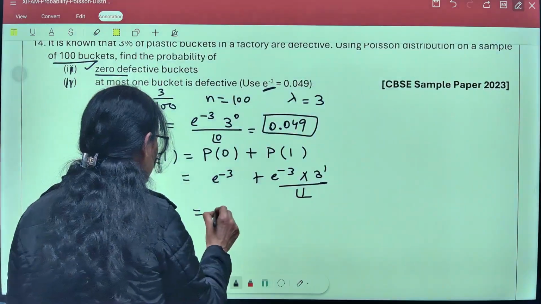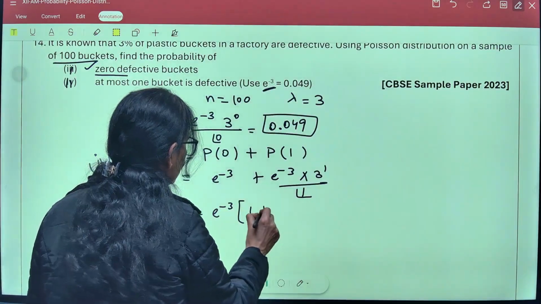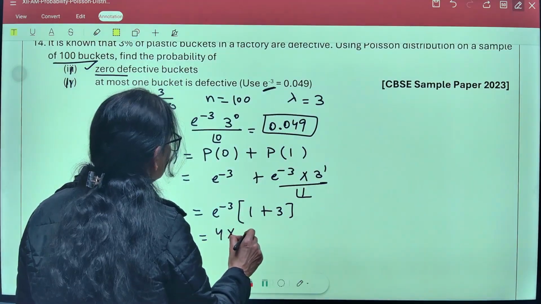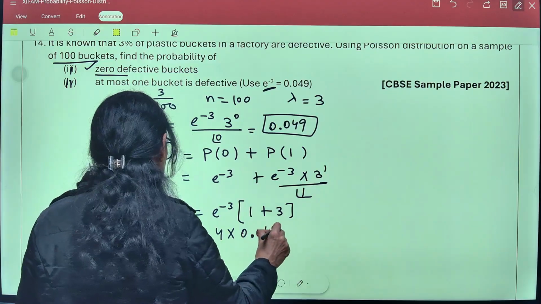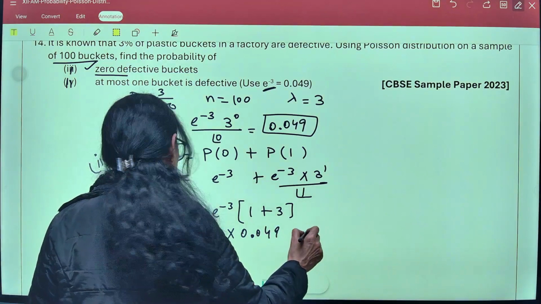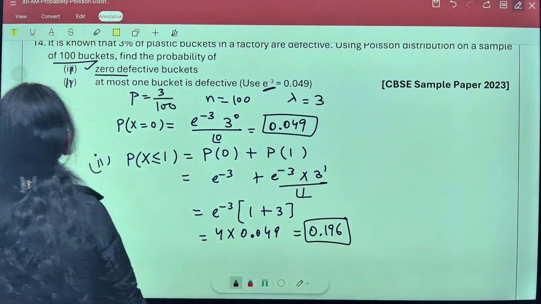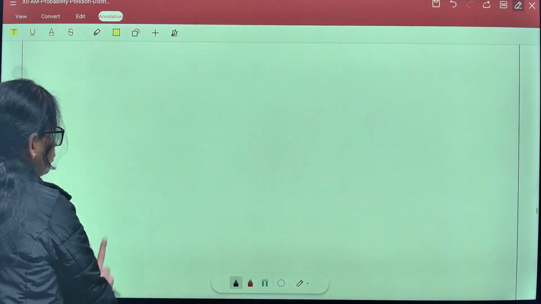Take e raised to power minus 3 common out. So it comes out to be 1 plus 3, which is 4. So 4 into 0.049, and this comes out to be 0.196. Okay, let's move to the next question.